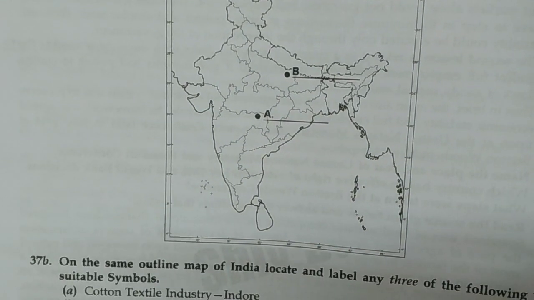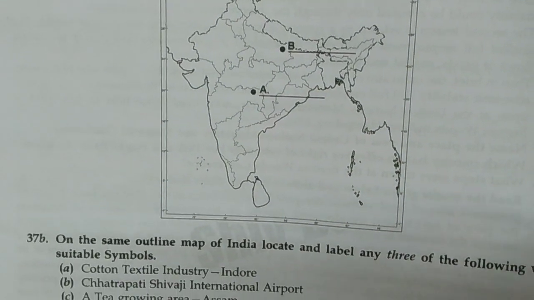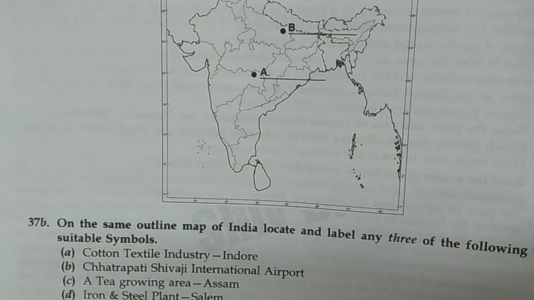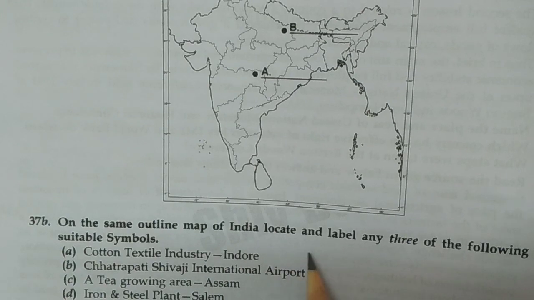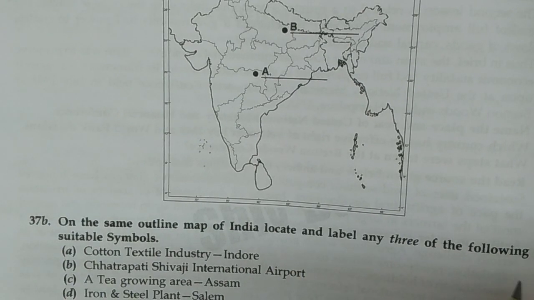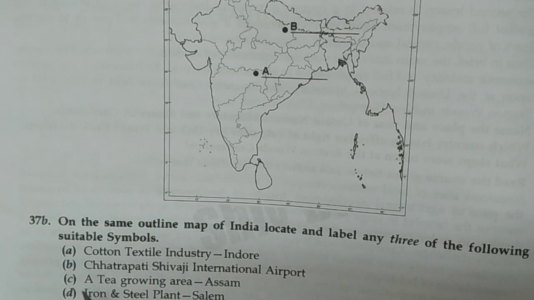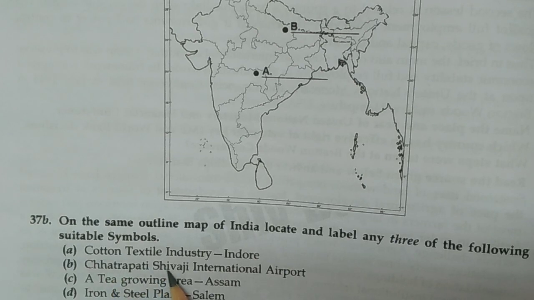Now some more questions are given from here. 37B. On the same outline map of India, locate and label any 3 of the following with suitable symbols. You are getting 4 options, but you have to complete any 3. A is the cotton textile industry, Indore.